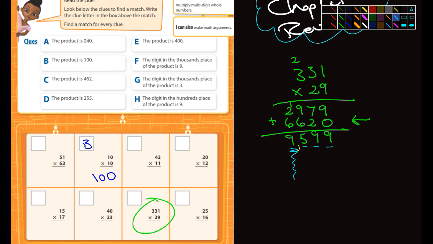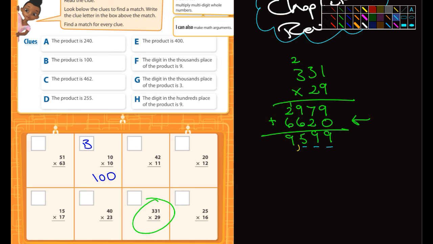The digit in the thousands place. Am I reading that right? The digit in the thousands place of the product is 9. Okay, the product is the answer. And so we definitely got the answer of 9,599. So that would be F.